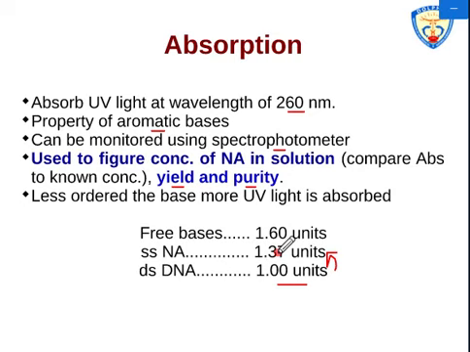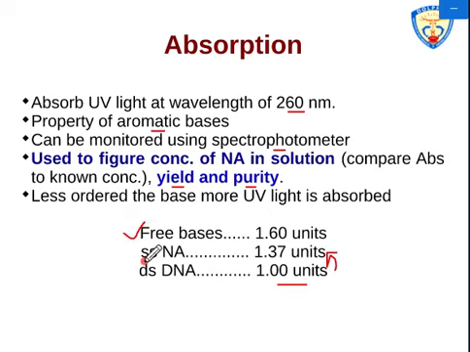Further, if we hydrolyze this single-stranded molecule, we are breaking the bond between the base and the sugar, which is a covalent bond. The beta glycosidic bond between sugar and base is broken. The phosphodiester bond between the phosphate groups and sugar is broken. We get the free nitrogenous bases after hydrolysis.